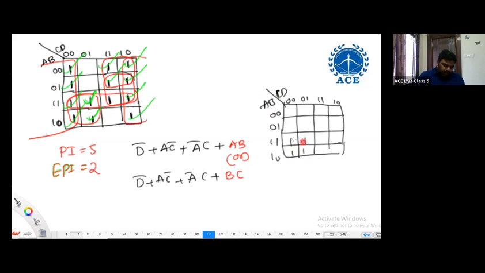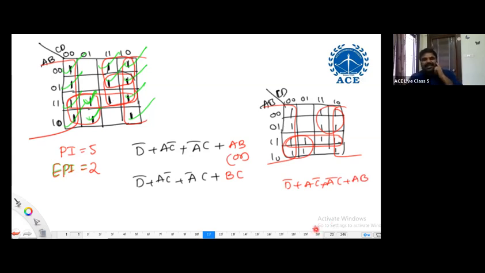If the K-map is the same, as given like this, then no doubt, we group the octave, this quad, and this one, which is sufficient. So what do we get here? D bar plus AC bar plus A bar C plus AB. Is this wrong? It is correct.